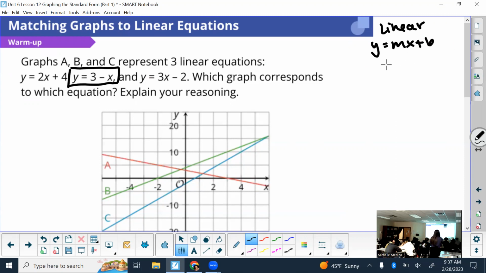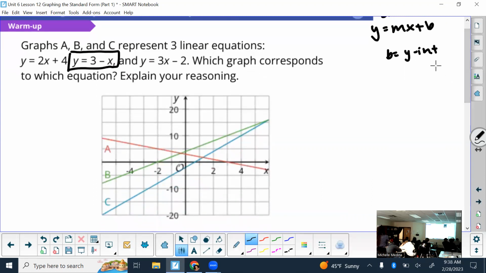B. So B is for your y-intercept. It's the constant. So even though this is in a different order, it goes 3 minus x. I know that my y-intercept is 3 because it's the one that's alone, not the one that's in front of the x. Does that make sense?